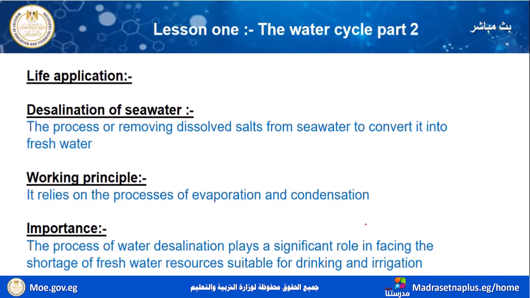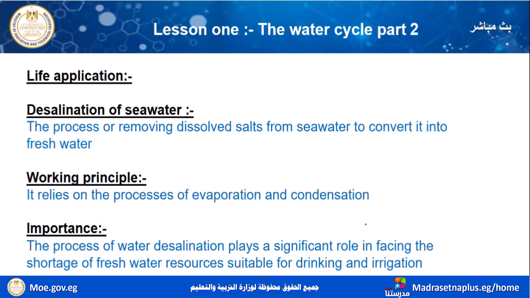So many countries want to make desalination of seawater, which is the process of removing dissolved salts from the seawater and converting it into fresh water. How does the desalination process occur? When we bring seawater and put it in a glass box under the effect of the sun rays, water will be heated and it gains thermal energy which comes from the sun.